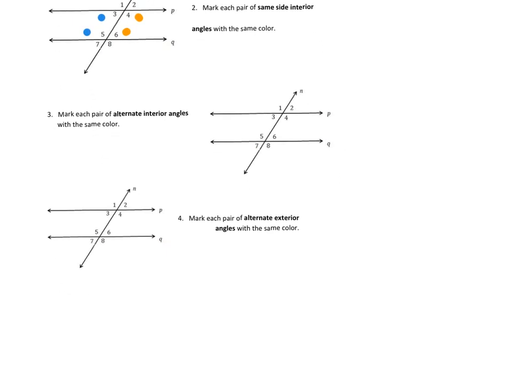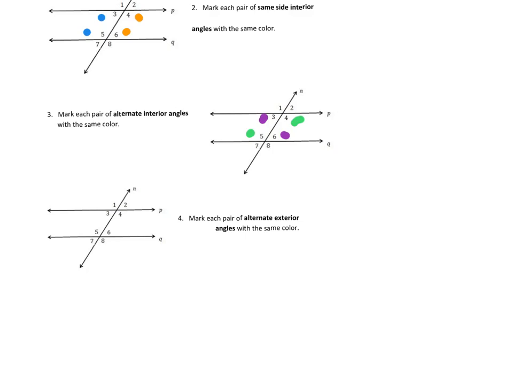Number 3, mark each pair of alternate interior angles with the same color. Alternate interior angles, remember, are going to be inside the two lines while also being on opposite sides of the transversal. So we're going to have 4 and 5, as well as 3 and 6.